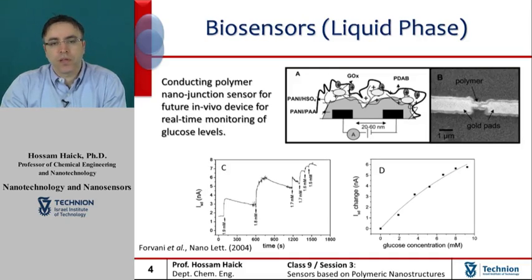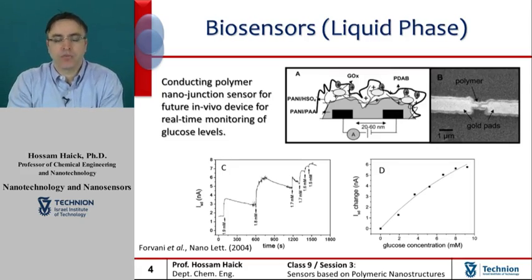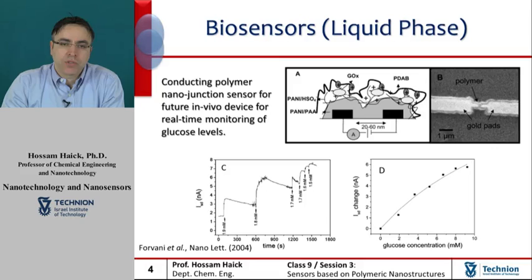The reduced form of the glucose oxidase is regenerated through reoxidation by oxygen in the solution, which produces hydrogen peroxide. Hydrogen peroxide then oxidizes the polyaniline and triggers an increase in the polyaniline conductivity, because of the sensitive dependence of the polyaniline conductivity on its redox state.